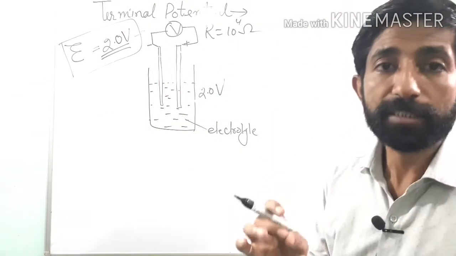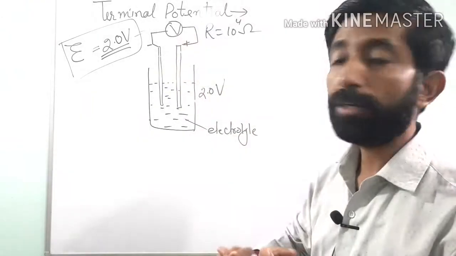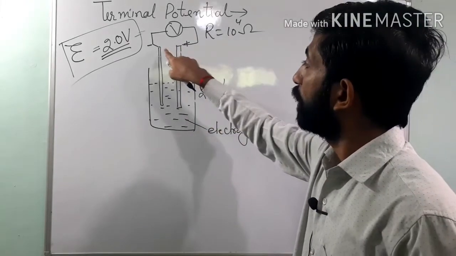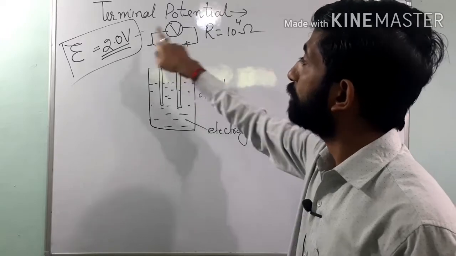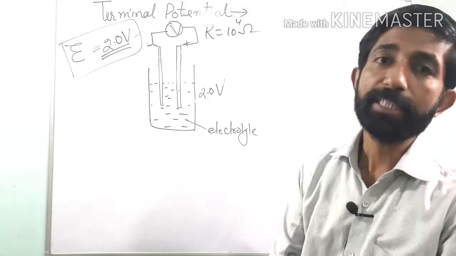So in bookish language, we must say when there is no current being drawn from the battery, then the potential difference between the positive and negative terminal is known as the EMF of the cell.